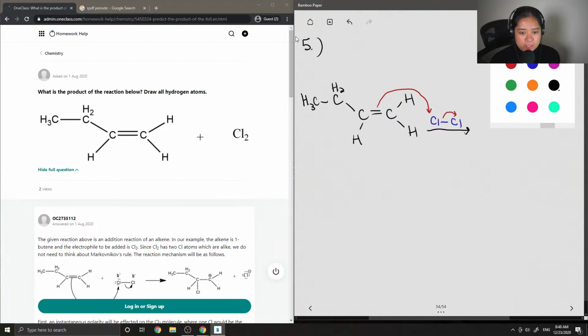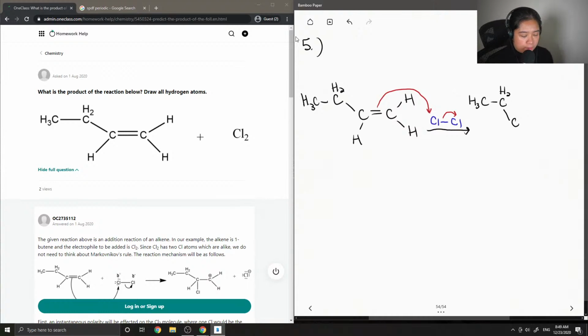And we have an intermediate that now has a single bond and a newly attached chlorine atom where the double bond used to be. And then this leaves us with this positively charged carbon.